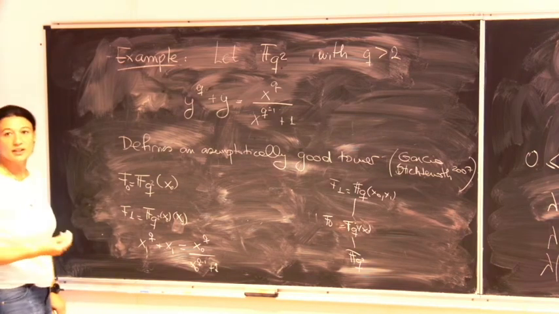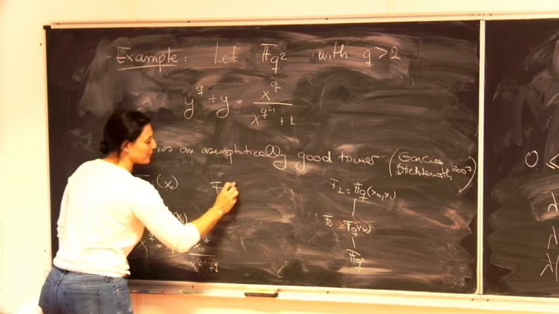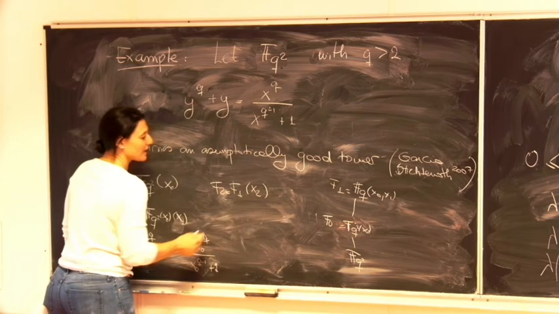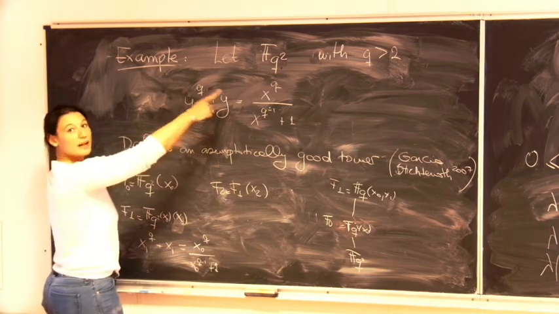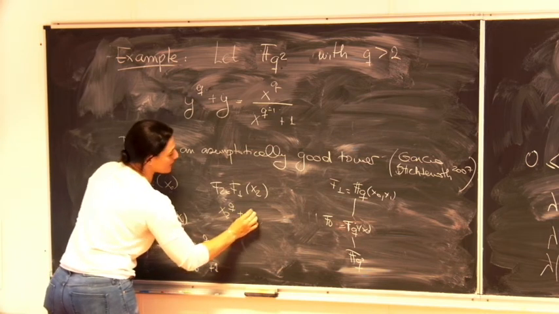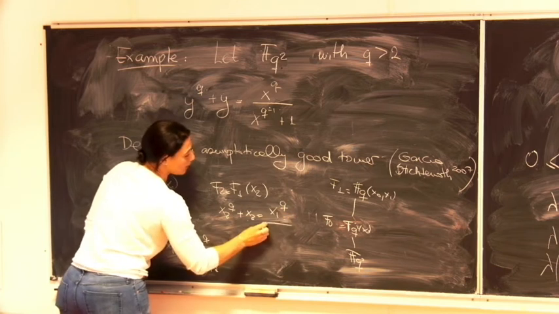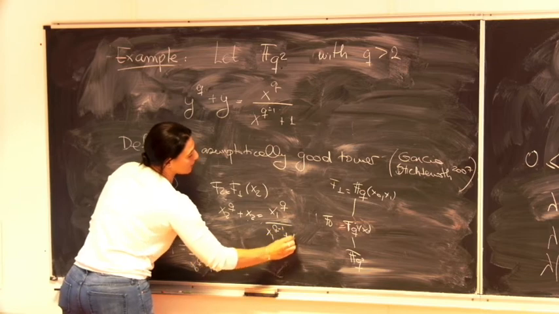And so I do the same thing again. I put F2 to be the previous one, F1, in which I add another element x2 such that the relationship between x2 and x1 is given by this equation: x2 cubed plus x2 is equal to x1^q over x1^(q-1) plus 1.